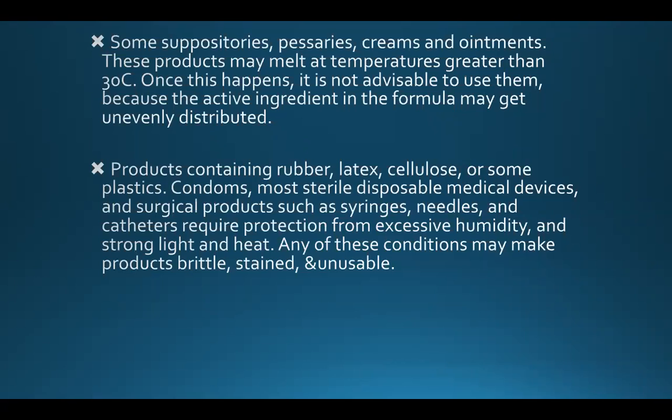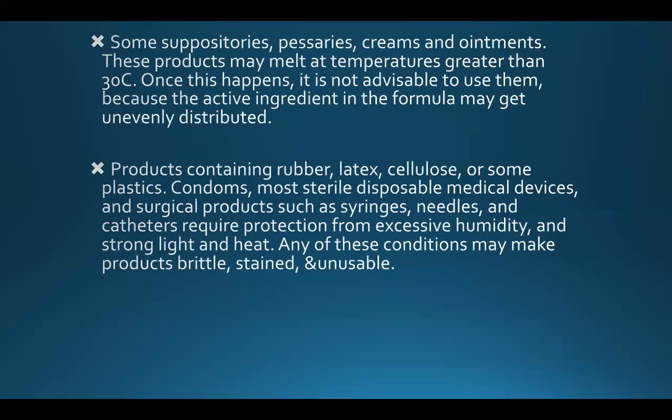Products containing rubber, latex, cellulose, or some plastics, such as condoms, sterile disposable medical devices, and surgical products such as syringes, needles, and catheters, require protection from excessive humidity, strong light, and heat. Any of these conditions may make products brittle, stained, and unusable.